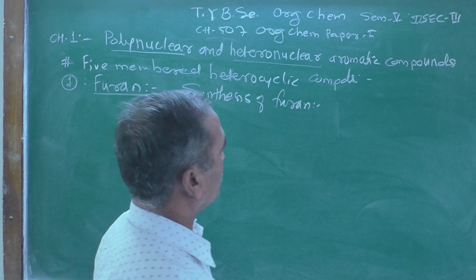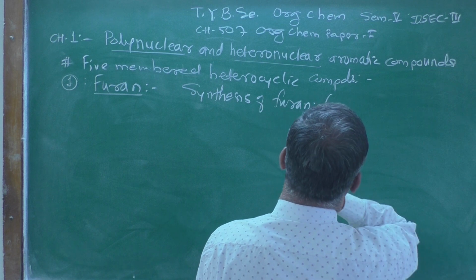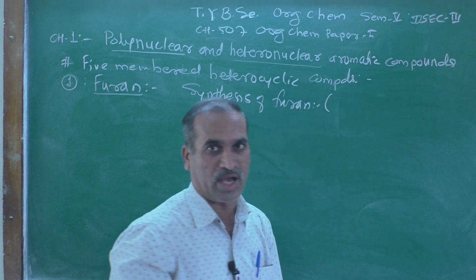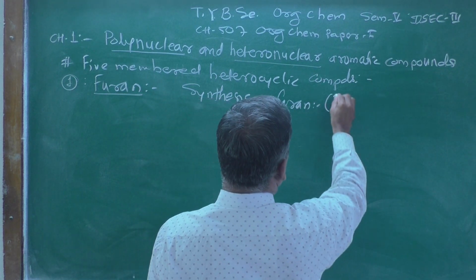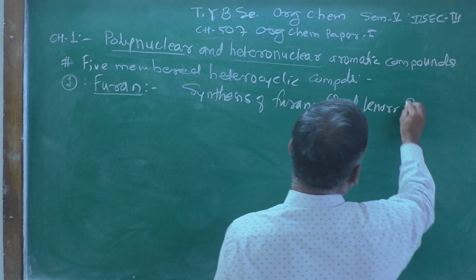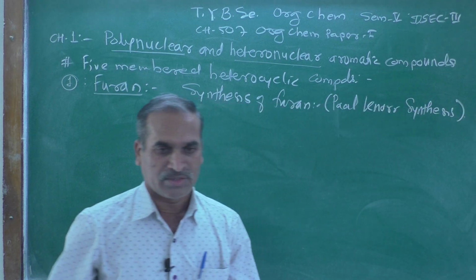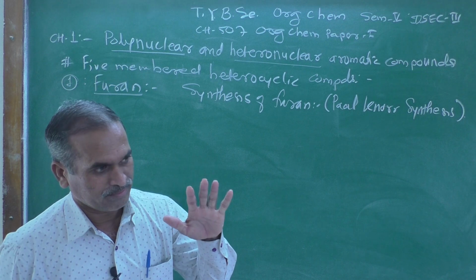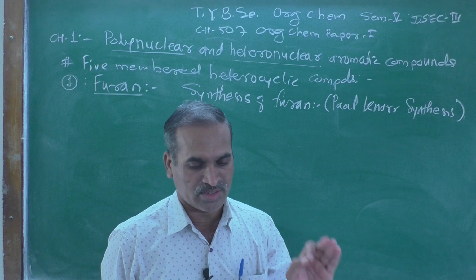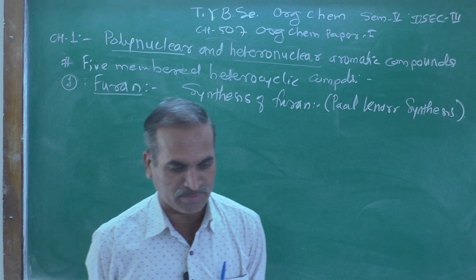Synthesis of furan can be carried out by using a well-known reaction, which is known as the Paal-Knorr synthesis. Paal and Knorr were scientists who discovered the method for the synthesis of 5-membered heterocyclic aromatic compounds.